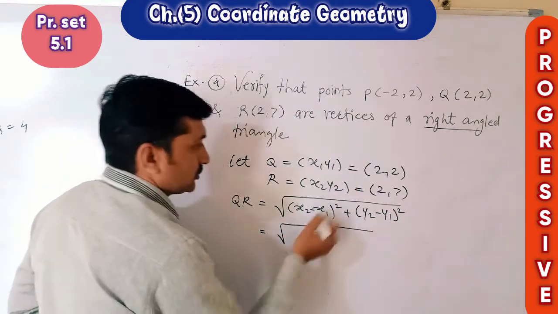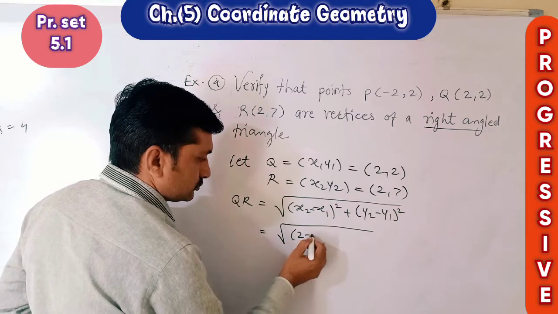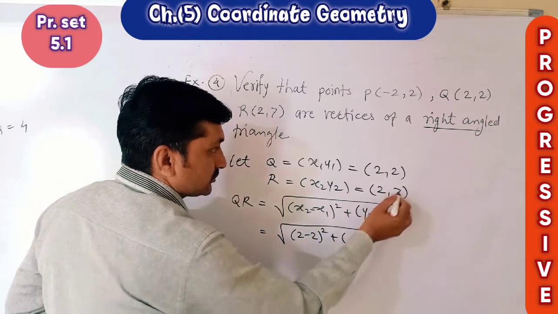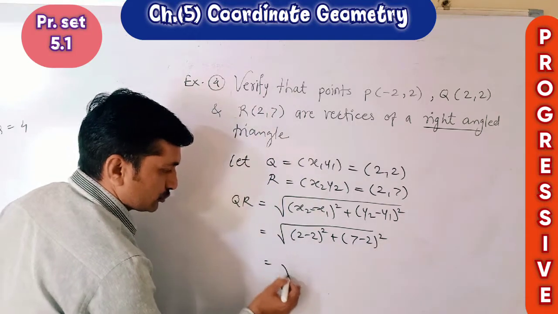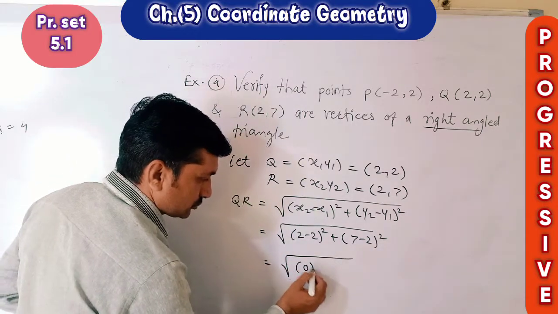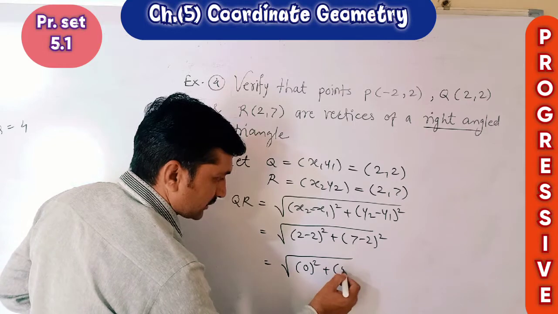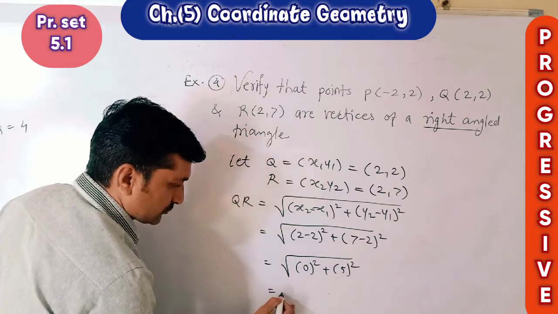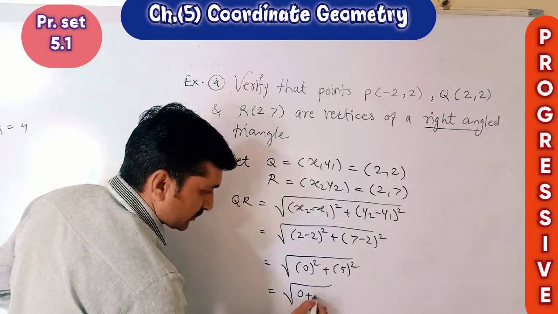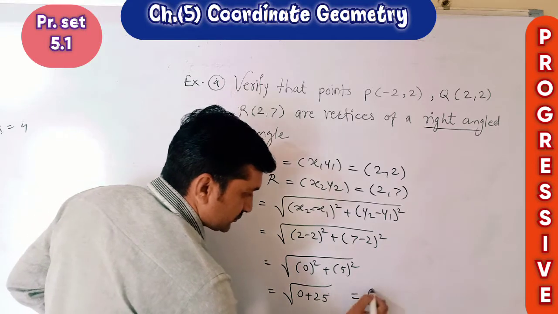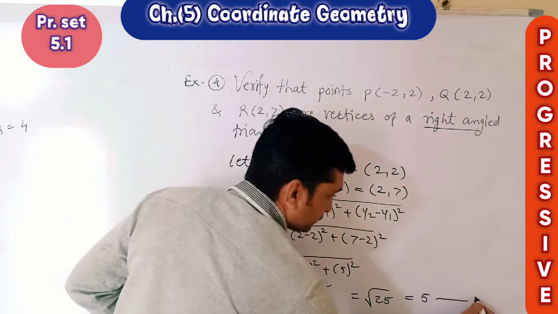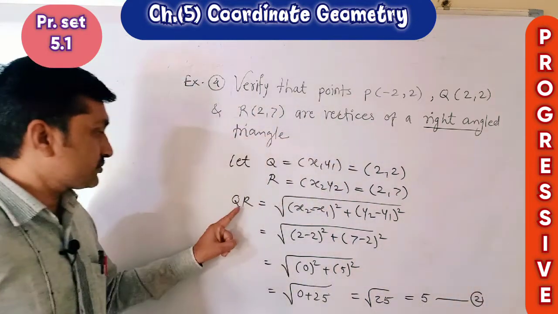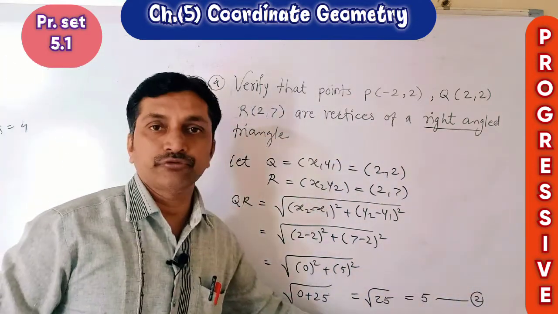Square root of (2 minus 2) bracket square plus (7 minus 2) bracket square is equal to square root of 2 minus 2 is 0 plus 7 minus 2 is 5 squared, is equal to square root of 0 plus 25. Addition is 25 and it is a perfect square, square root of this is 5. Give here number 2. Distance QR we got 5.